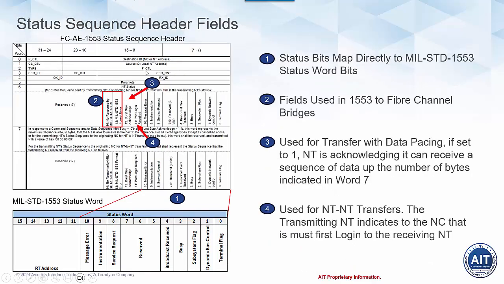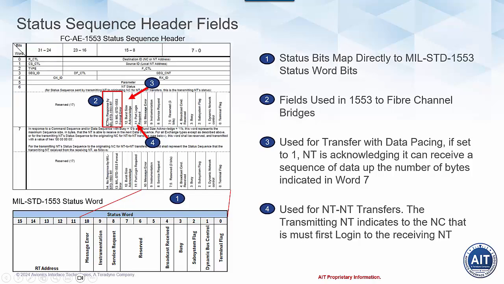When we look at the status sequence header, this is analogous to the status word that's sent on standard 1553. You can see that here indicated by the 1, the same status bits are present in the status sequence that are available in the standard 1553 status word. Obviously, the RT address would be analogous to the source ID and destination ID, where the NT and NC addresses are, just like in the command sequence header fields.